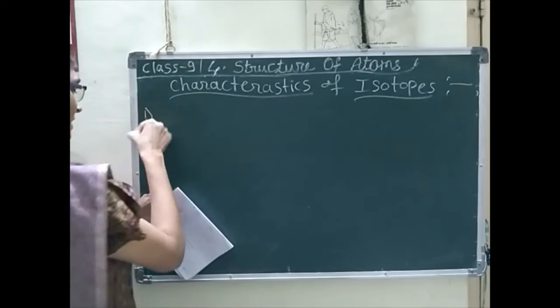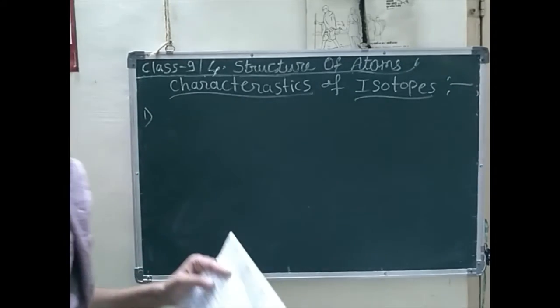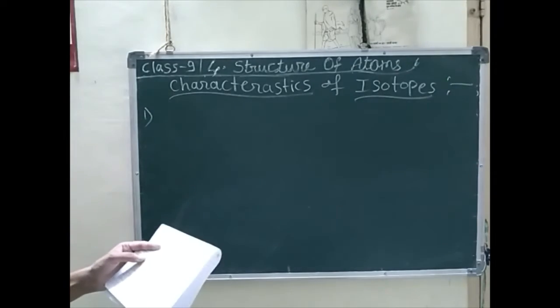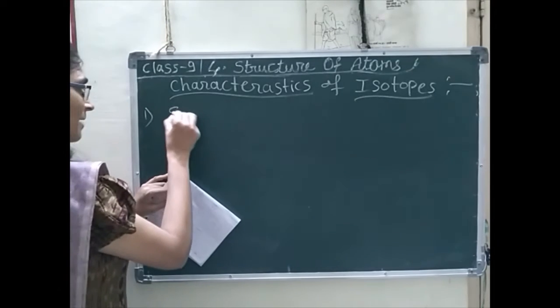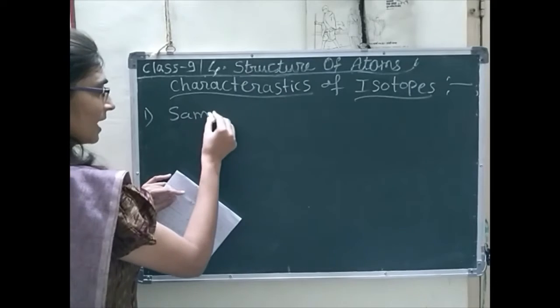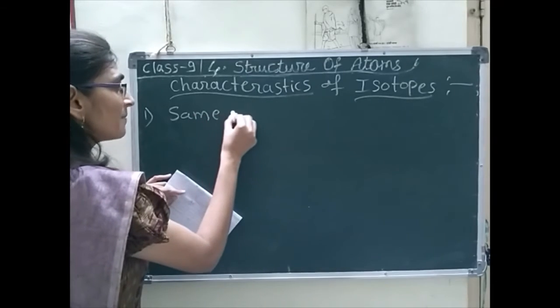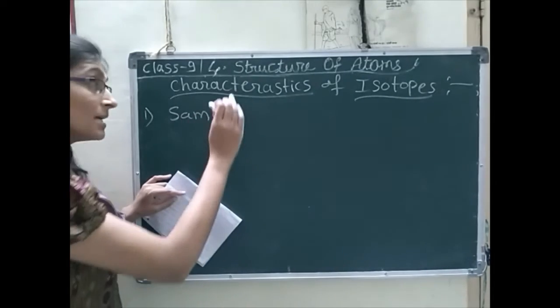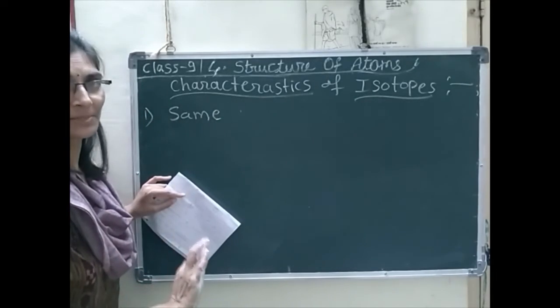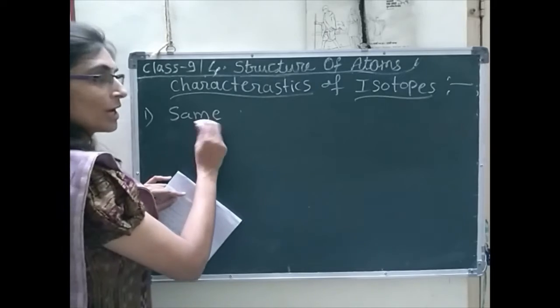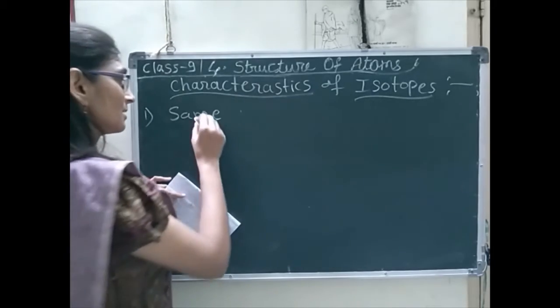So what is the first characteristic we have to discuss? Same atomic number, same protons, same number of electrons. I am writing here in short due to lack of space, so you have to write in complete sentences.